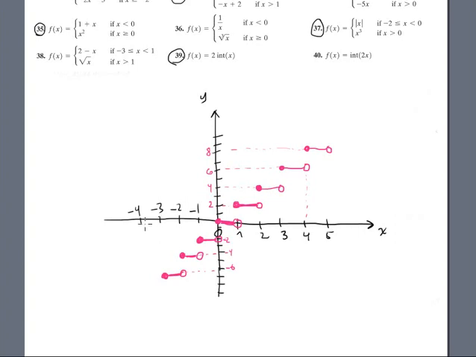And between -4 and -3 is -4, multiplied by 2 is -8. And this is the graph that corresponds with the function 2 times the integer of x. Okay, super.